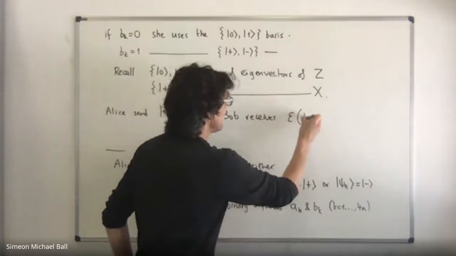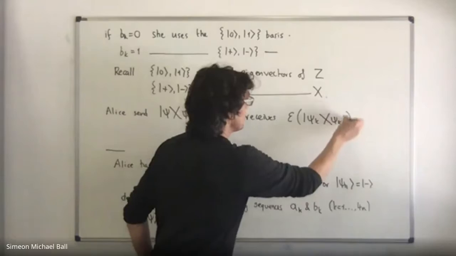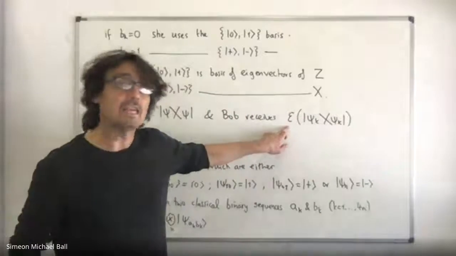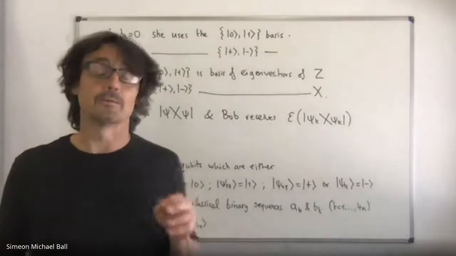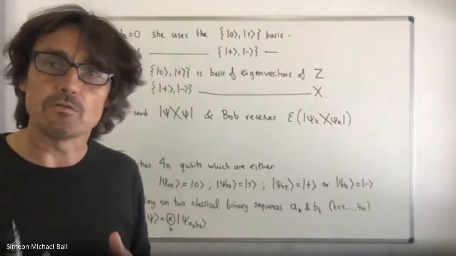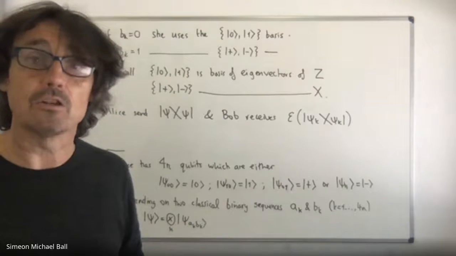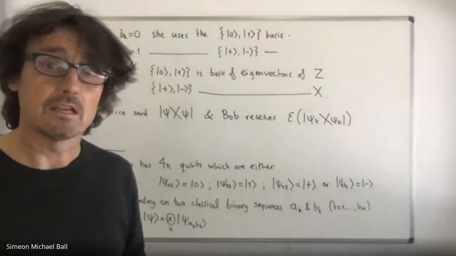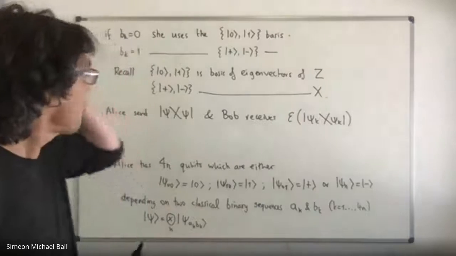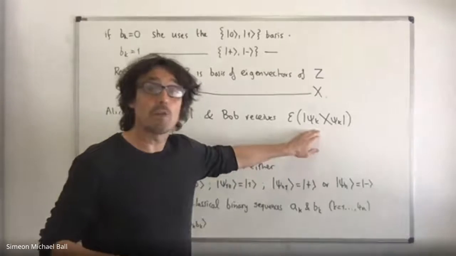Let's say this curly E of what was sent. Now, the curly E will come to a more precise definition in the next class, and that's going to be our launch pad to study error correction. But for the moment, you can just think, well, things might have changed.